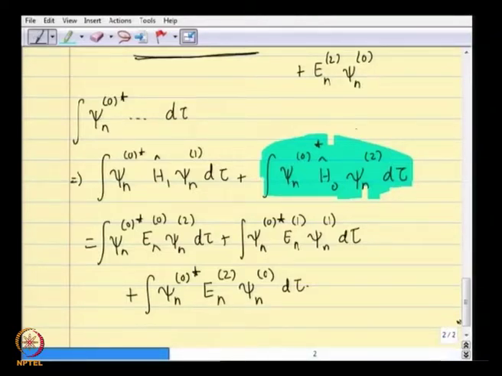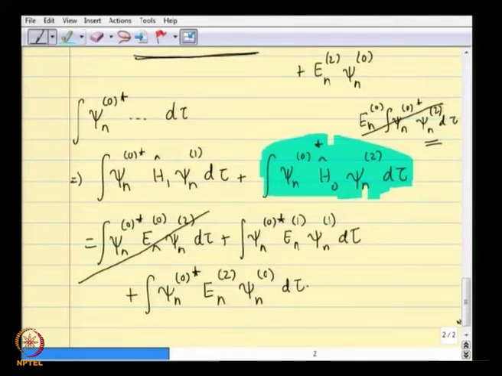Therefore, you can write this term as En0 followed by this integral psi n0 star psi n2 d tau. No matter what the psi n2 is, whether this integral is 0 or not, we can right away cancel this term with the corresponding term that you have here, namely the integral psi n0 star En0 psi n2 d tau. So, they are both gone.